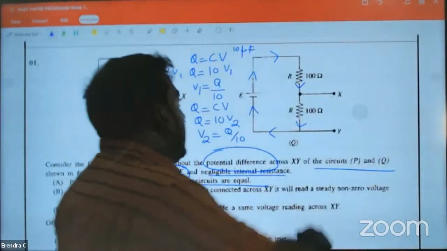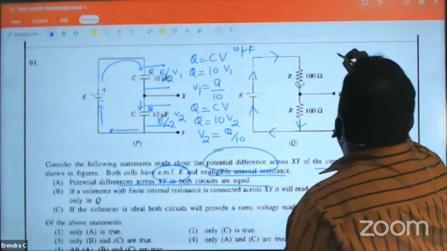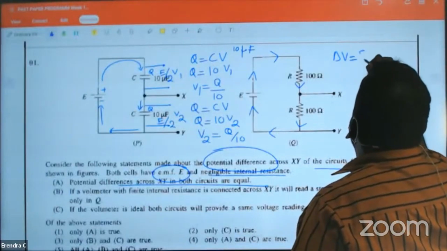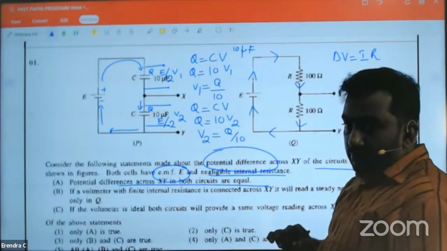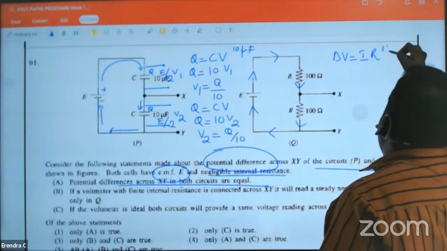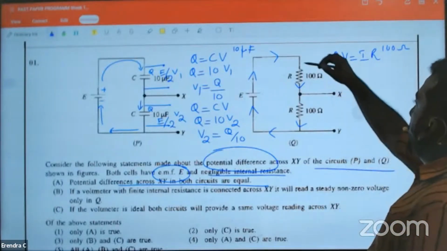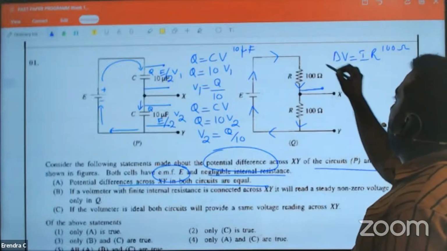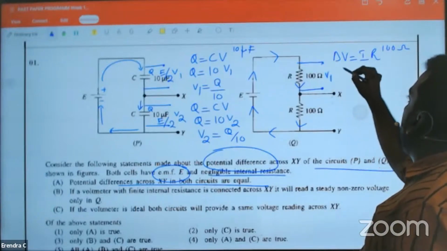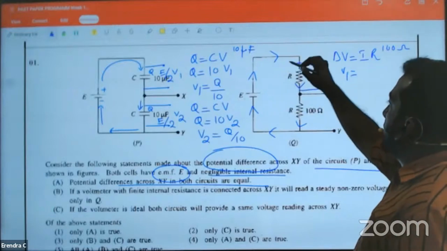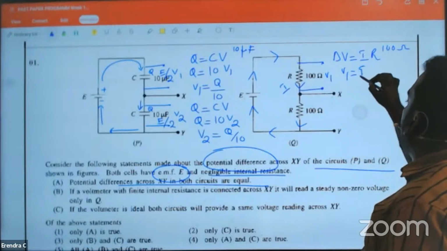Now look at this. Equal resistors. Potential difference is equal to I times R. I'm applying across a 100 ohm resistor. So the potential difference here, I'll take it as V1. V1 is equal to, remember, the same current will pass through, I times 100.